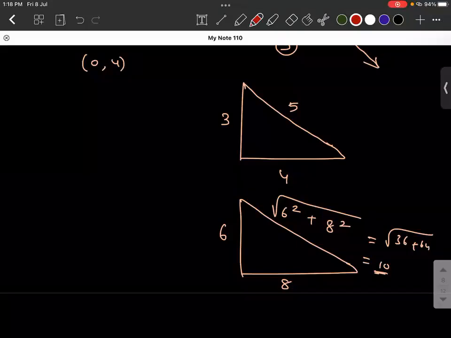Similarly, you have 12, 13, 15. They are also Pythagorean triplets. You can check and see. 12, 13, and 15. Check and see.